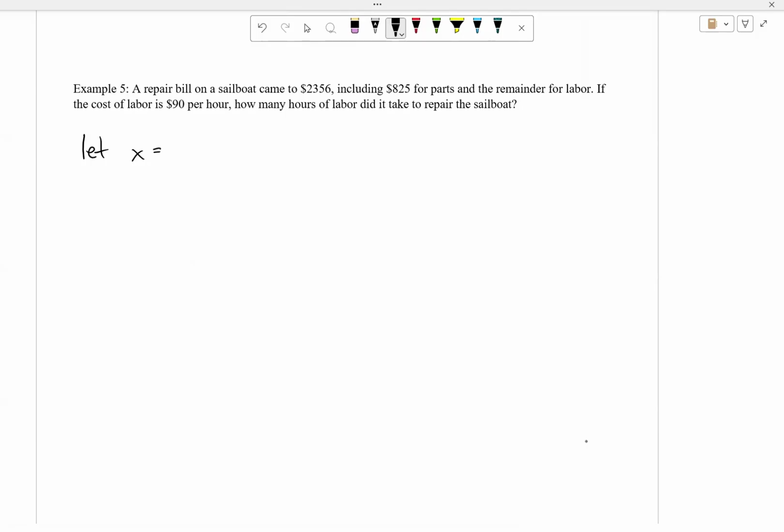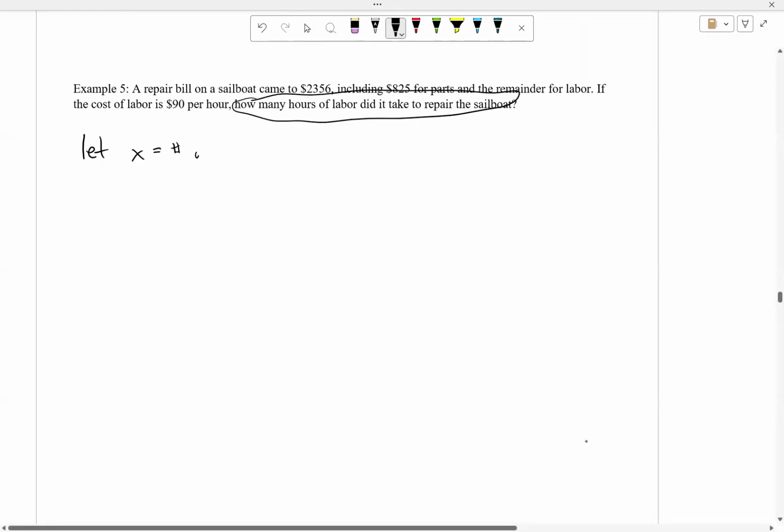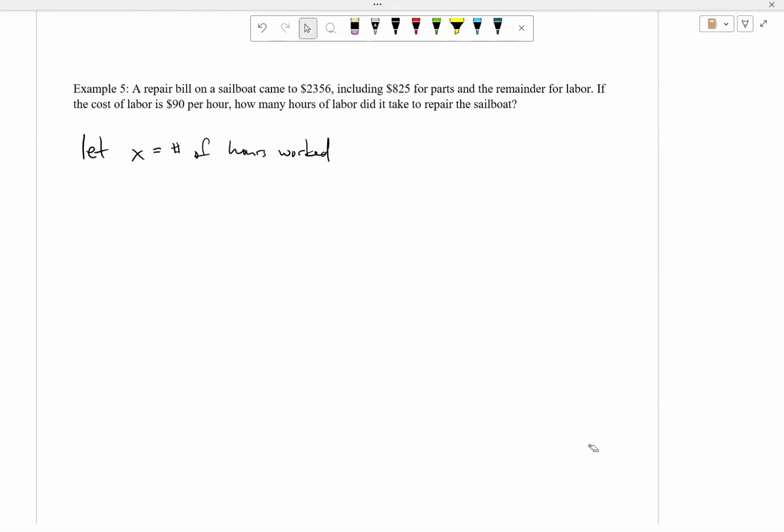Let X equal labor per hour. If you're not sure, take a look at the question. How many hours? So we're just to say X is the number of hours worked. Okay, so then we have to synthesize the rest, put it all into math. I'll give you a moment to see if you could put that together.